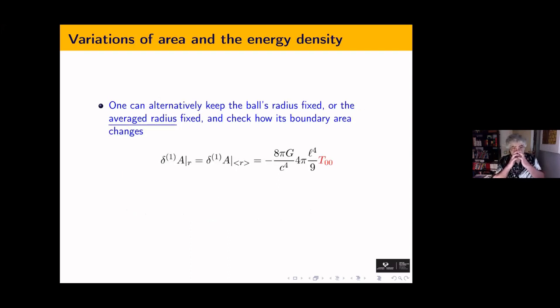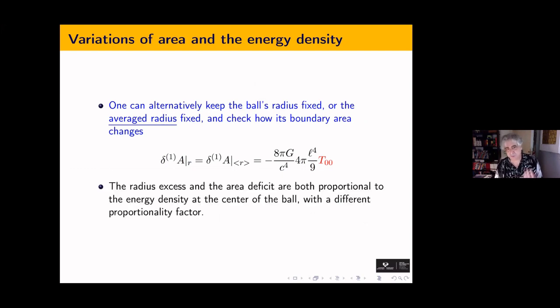Now, we could do something else. We could alternatively keep the ball's radius fixed and see what is the deficit of the area. Now, if you do that, which in this case is the same as keeping the average radius fixed, the first variation of the area keeping the radius fixed is given again by something which is proportional to the 0,0 component of the energy momentum tensor, or if you want, the energy density at the point.